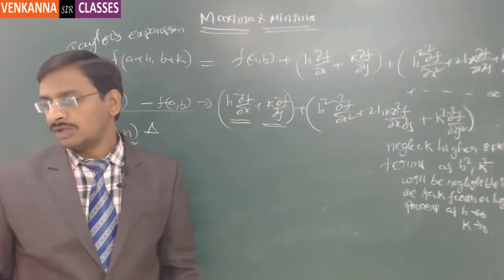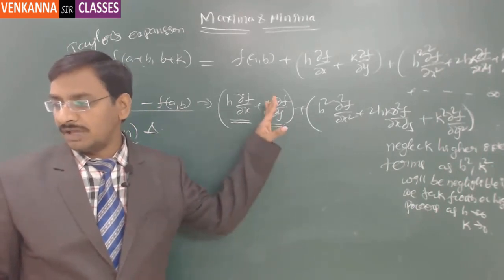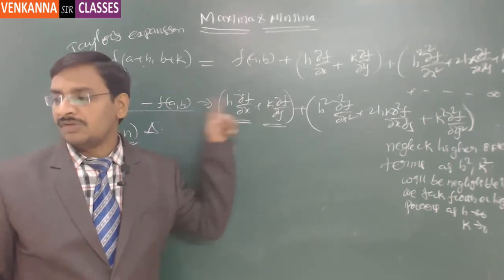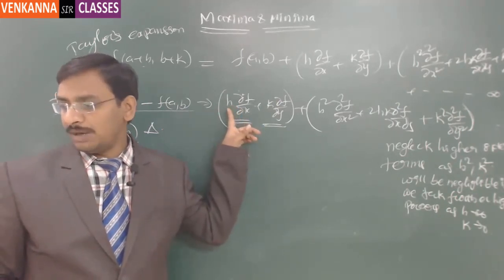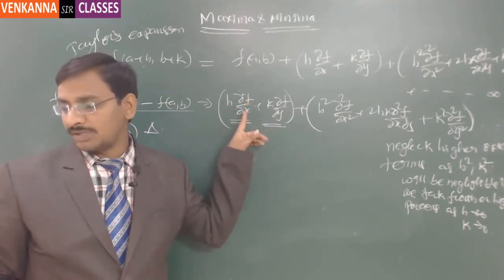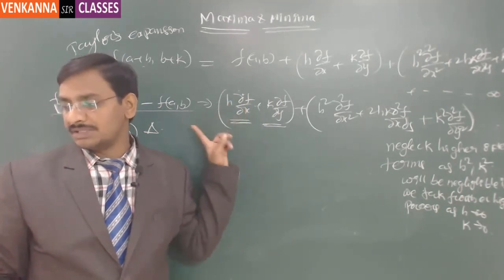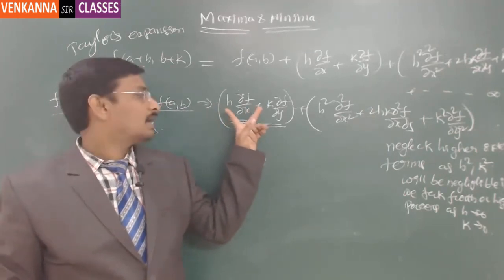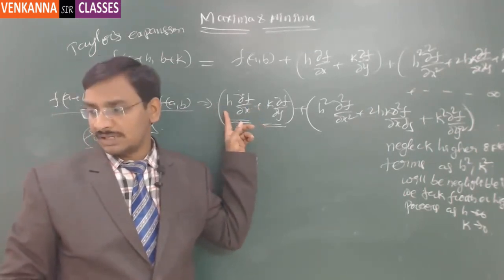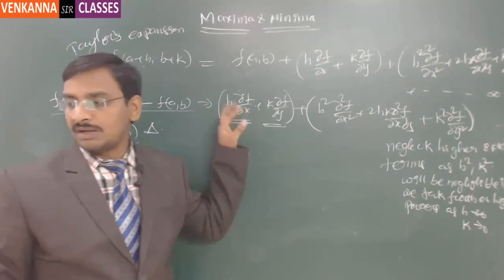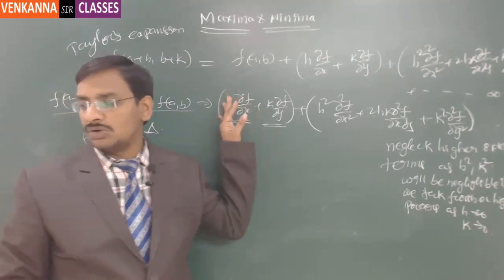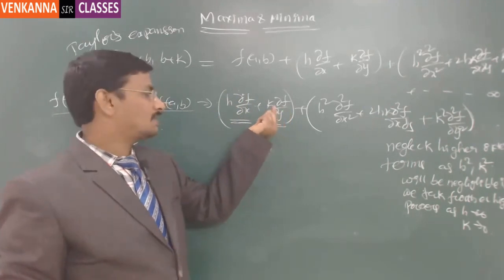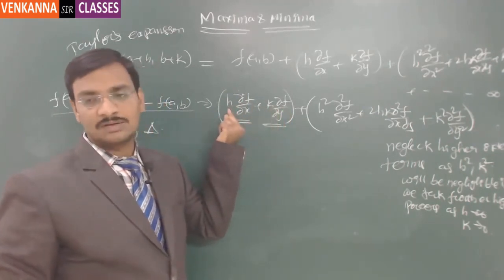Understood or not? For a randomly selected value of k, h is making the changes for the sign. Now if I make h independent, I can make ∂f/∂x equal to 0, so that my sign is not going to be decided by the random selection of the h value I have selected. In exactly the similar manner, if I make h equal to 0, then this k value will have exactly the same functionality as that of h.